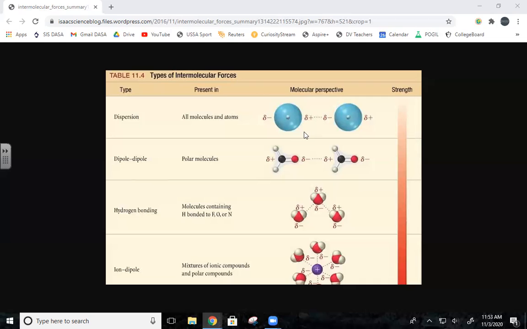So this happens because of Coulombic interaction. The electrons push on each other in between the molecules.